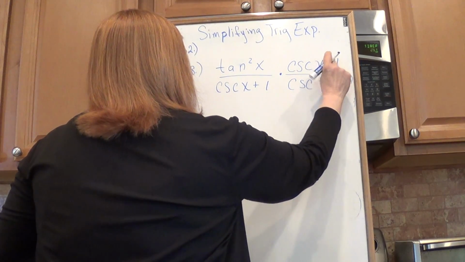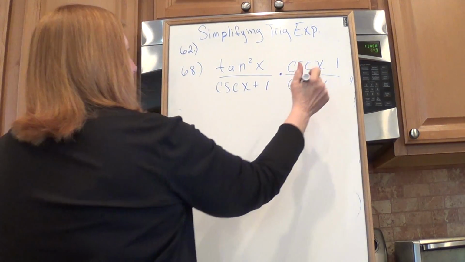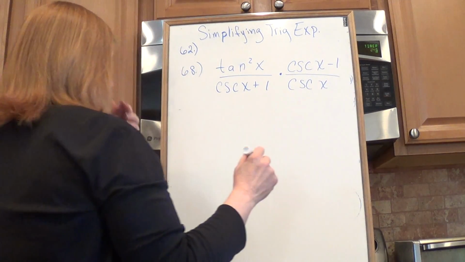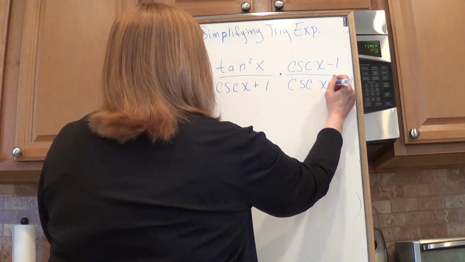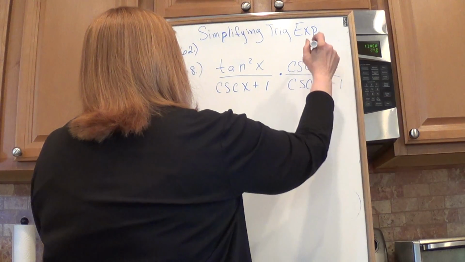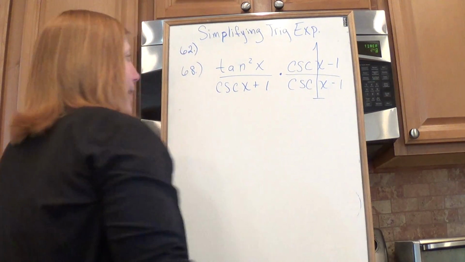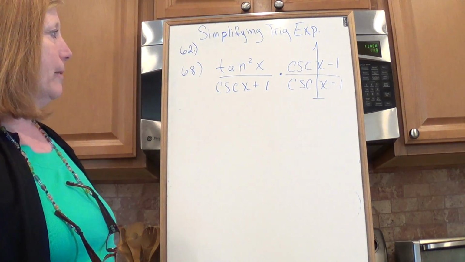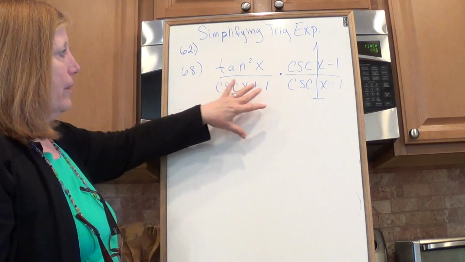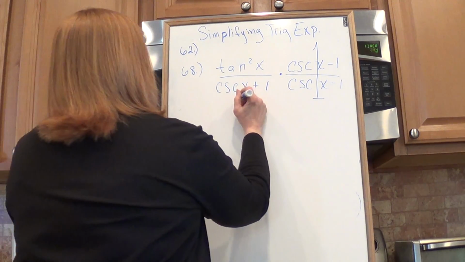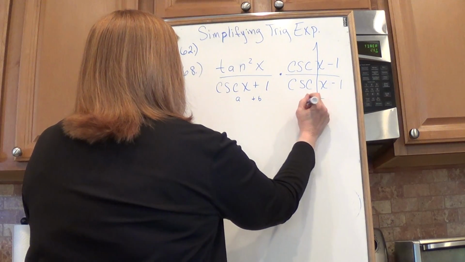So, sorry. So this is cosecant plus 1, the conjugate is cosecant x minus 1, and I put that over itself. So we're multiplying by 1 and not changing the problem, just the form. So on the bottom, we have an a plus b and an a minus b.